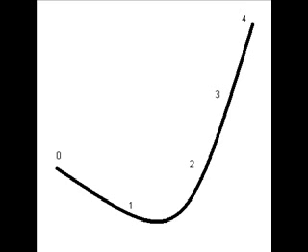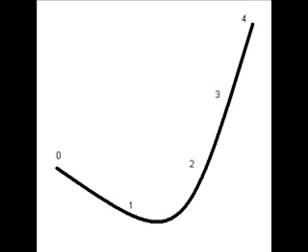If you wanted to plot this on a computer, you could go in very small increments of like 0.01 and plug those numbers into the function f, and as you slowly increased from 0 up to 4, it would give you the vector that you need to locate the point on the curve, and that's how you could trace out the curve. That's how the function f represents this curve.